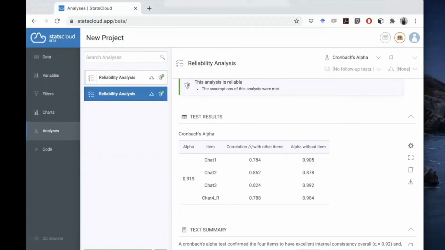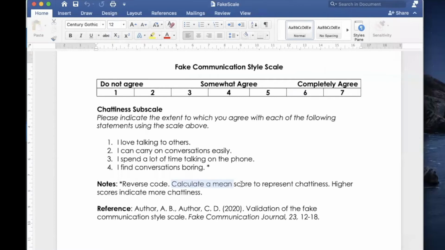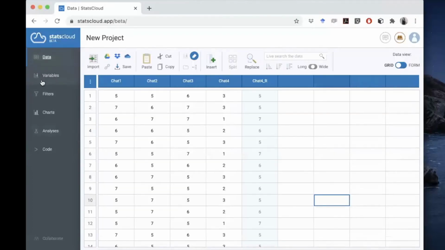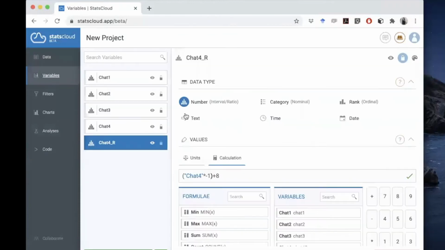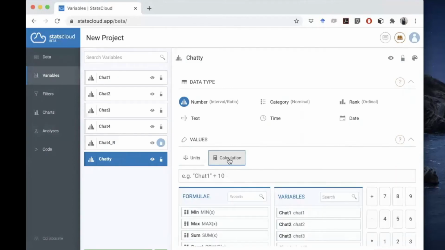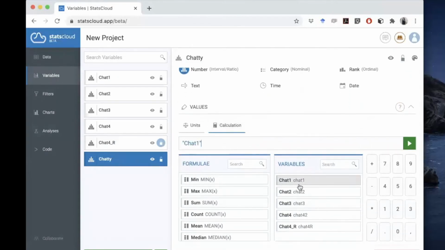So if you recall, it was telling us to calculate a mean score to represent chattiness. So in this case, we can actually go back to our data, and we're going to make a new one again. And this one we'll just actually call it chatty, and it's a number and it's a calculation again. And this time we're going to do 1, 2, 3, and the new 4.